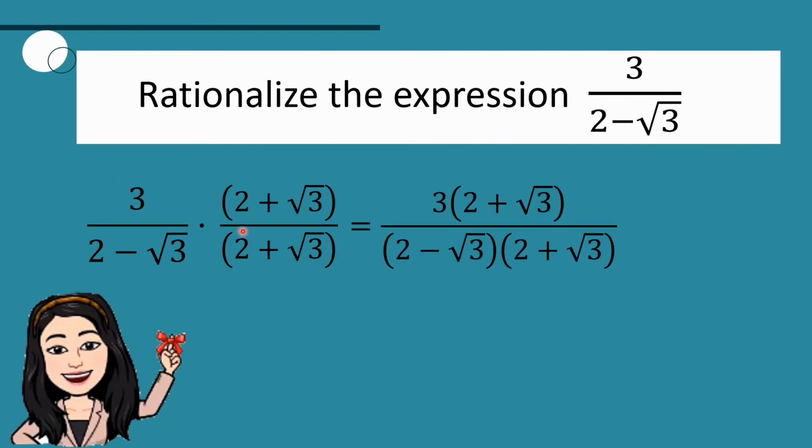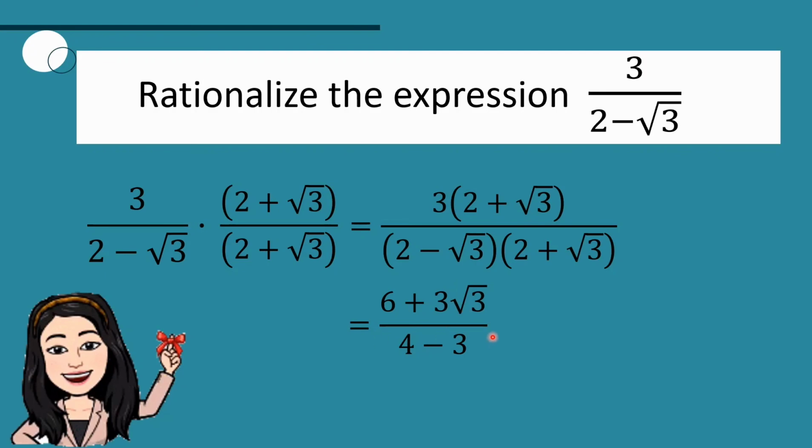Since this is multiplication, let us use the distributive property. That would be 3 times 2 plus square root of 3, divided by the product of the two denominators. 3 times 2 is 6. 3 times the square root of 3 is 3 square root of 3.